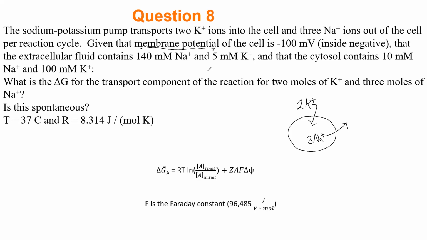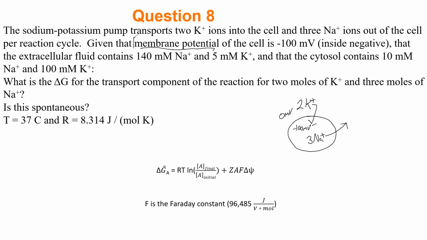Here, we're saying the membrane potential is minus 100 millivolts. So the membrane potential is saying, what's the difference between the outside and the inside? If the inside is negative 100, we're just going to say the outside is 0. I know historically that assumption confuses people, so I'm going to say it one more time.